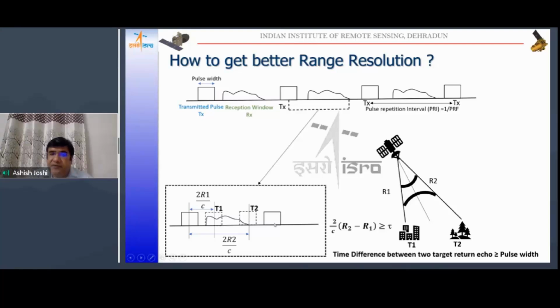Only if the pulse width is lesser than this time interval can the SAR distinguish these two targets as separate targets. So the formula is: tau should be lesser than 2(R2 minus R1) by c. This is the formula we will use for the range resolution.